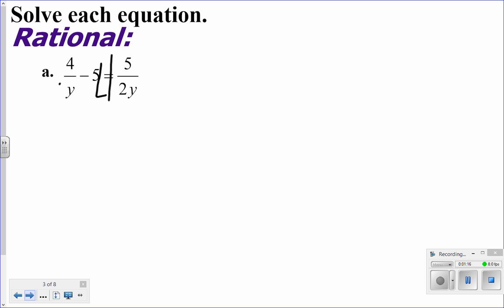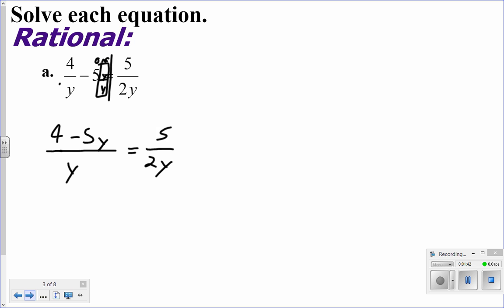So I want to multiply that term, 5, by a unique form of 1, so I get a common denominator. I'm going to choose y over y. So I get (4 minus 5y) over y, which is equal to 5 over 2y.